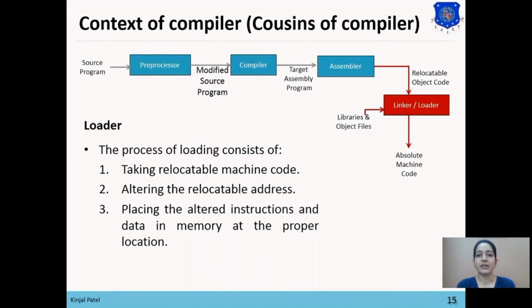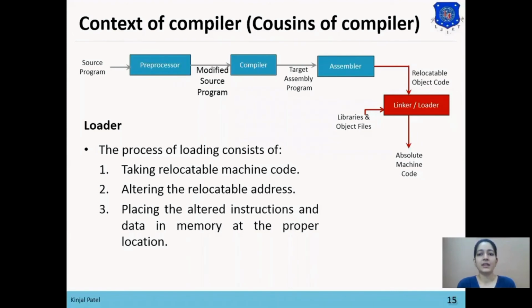The assembler will convert it into relocatable object code, and then that relocatable object code will be passed to the linker. The linker will convert the different files into a single program, and then it passes the single program to the loader, and the loader will perform its functions and convert the relocatable code into absolute machine code.